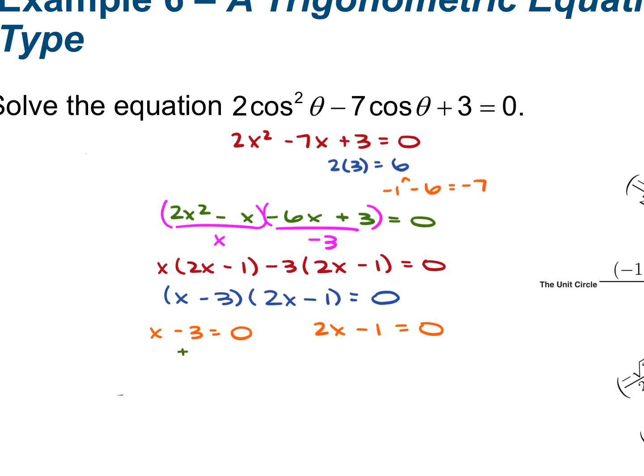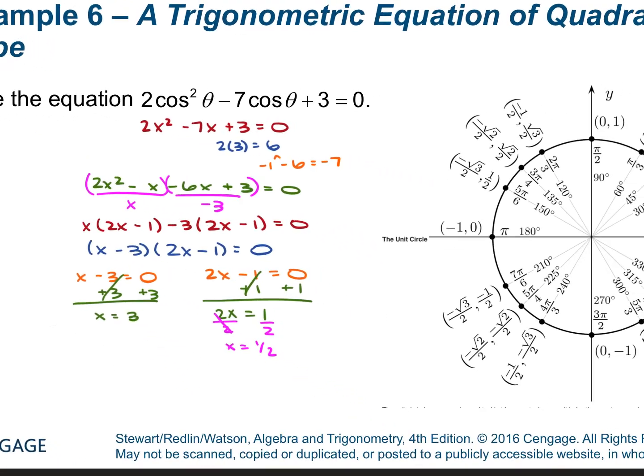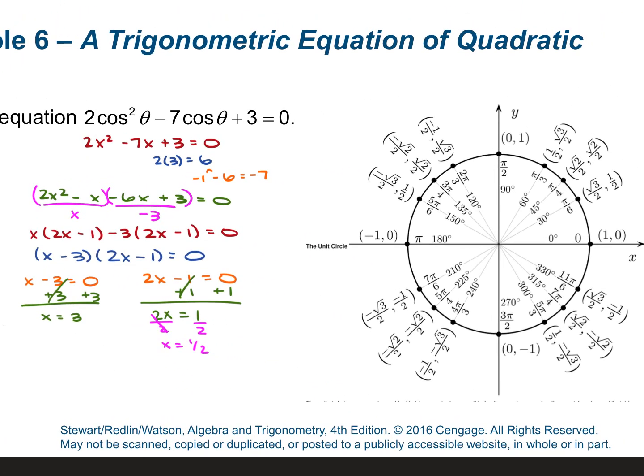From here, move your 3 over. You get that x is equal to 3. Move the 1 over, add it to both sides, you get that 2x is equal to 1. Then divide each side by the 2, you get that x is equal to 1/2. Remember, you're looking at your unit circle and finding where x is equal to 3 and x is equal to 1/2. You cannot see that you have an x that is equal to 3 here.